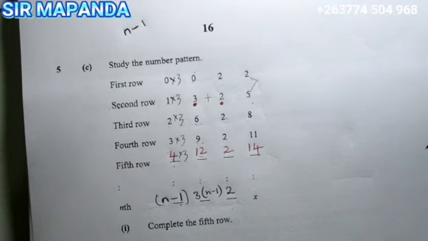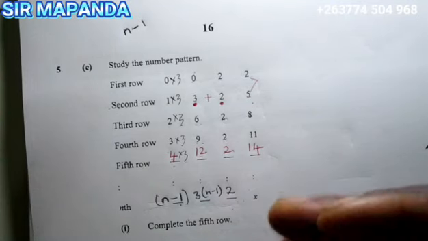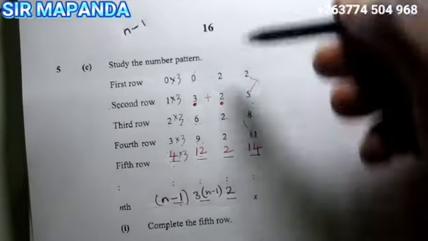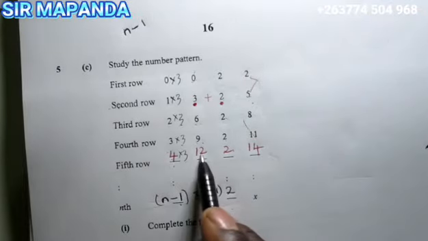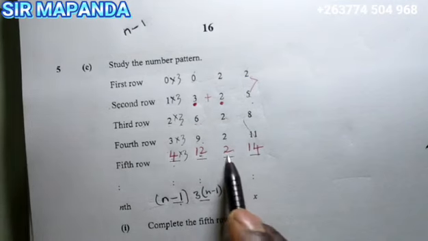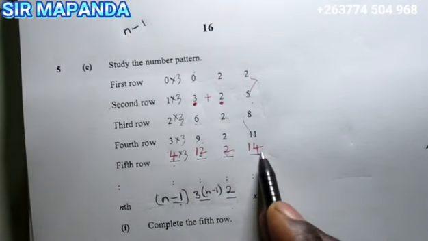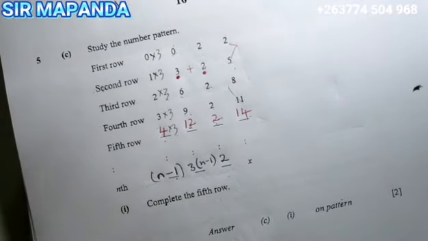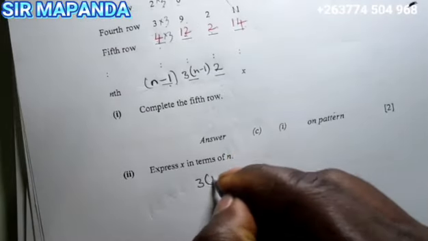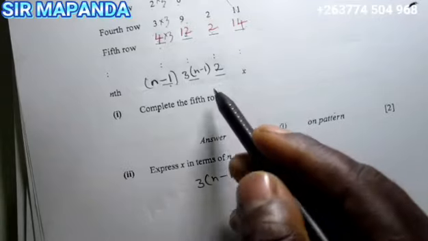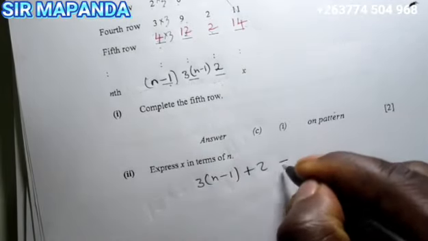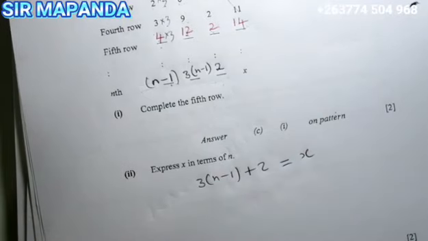Right. So we then go back to the original way of finding the number in the last column. The columns in between, 12 plus 2, you get 14. So it means 3 times n minus 1 here is going to be added to these 2, so as to find x.